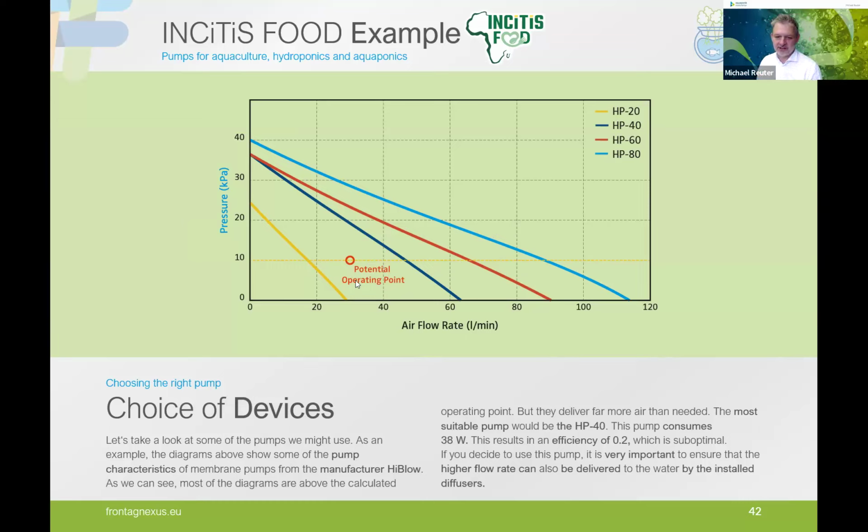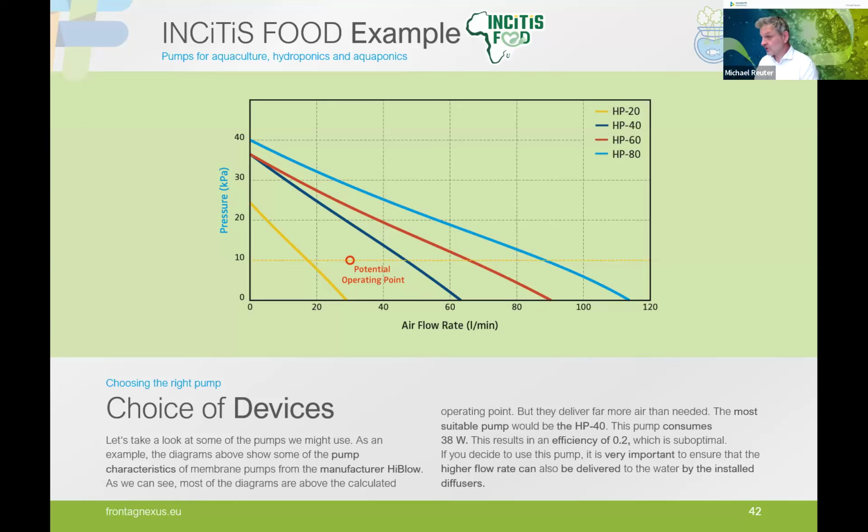We need about 30 liters per minute, and the smallest we could use delivers almost 50 liters per minute. That's way too much, but on the other hand, that gives us a little bit of security or flexibility if we want, for example, to introduce some biomedia into our sump tank to use it as an additional biofilter.